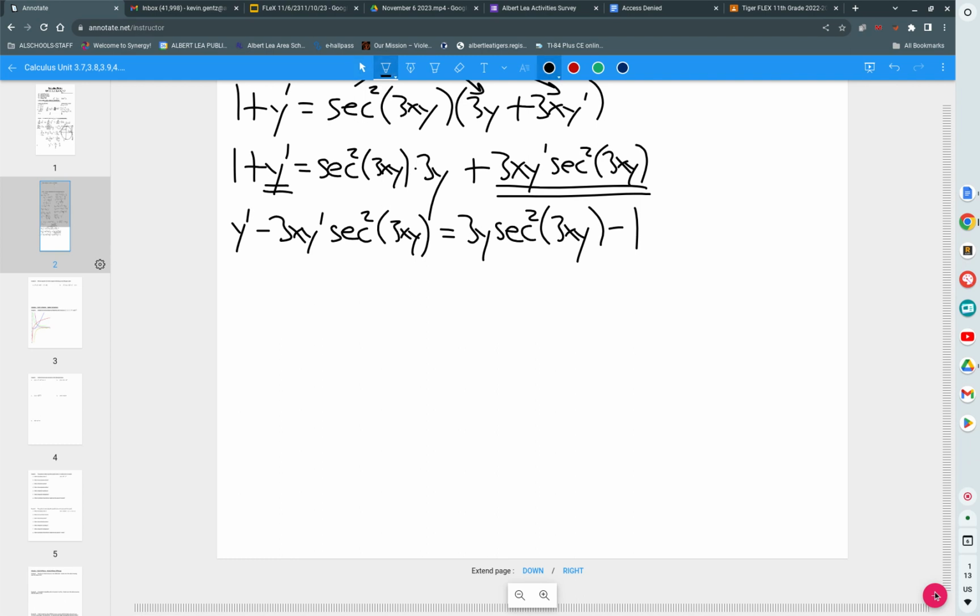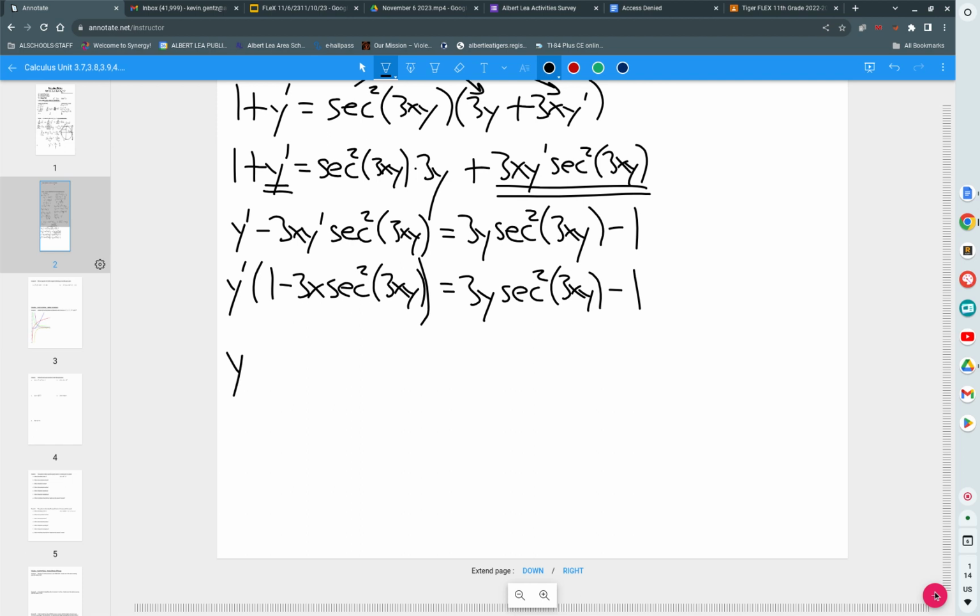Factor out the y prime. Y prime times 1 minus 3x secant squared of 3xy is equal to 3y secant squared of 3xy minus 1. And divide. Notice how they're almost identical.